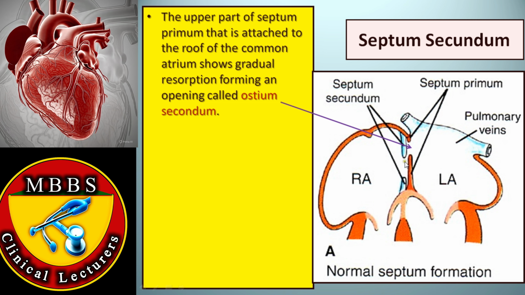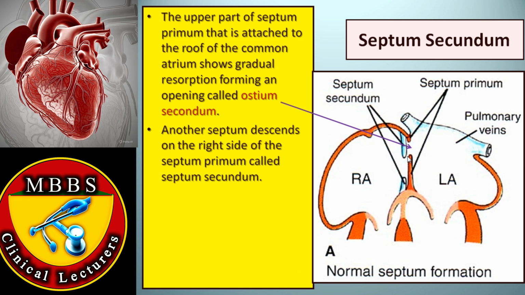It behaves like a curtain to close that opening, but does not fuse with the wall. So a channel communicates from the right to the left, and that connection or opening is called the foramen ovale. Okay, that is the foramen ovale.